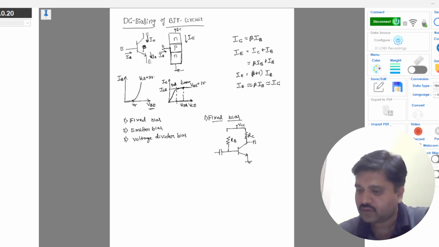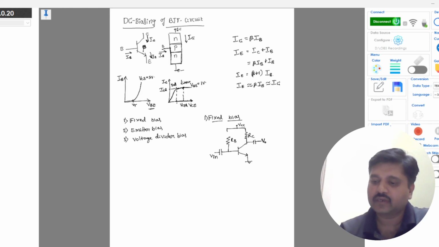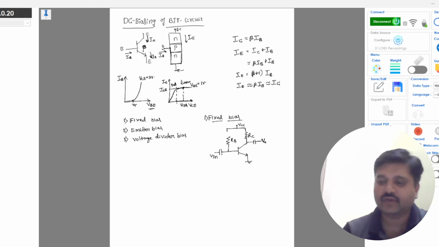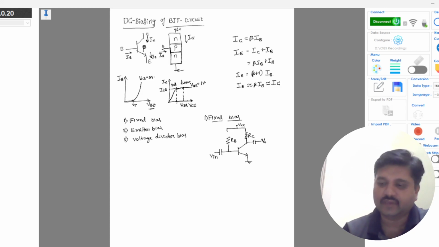This is how you give the input Vin and you take the output Vout. This capacitor is used for the AC analysis. Since we are discussing the DC analysis, we neglect this capacitor because it blocks the DC component.